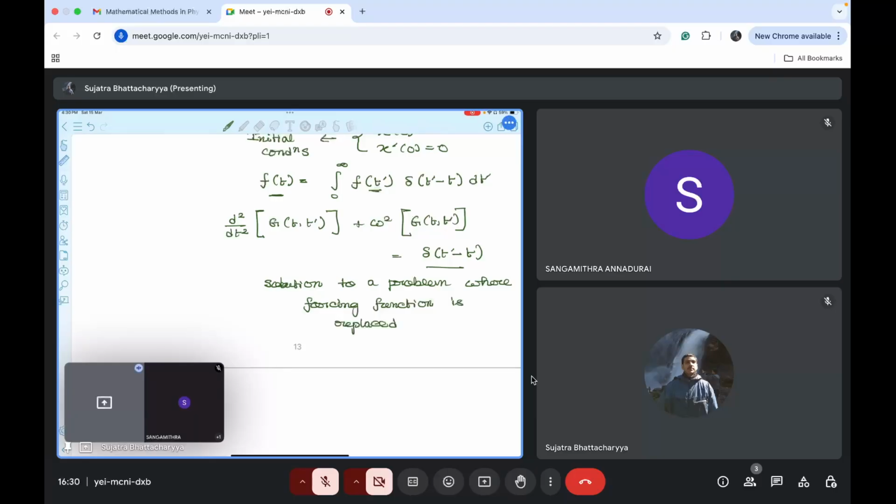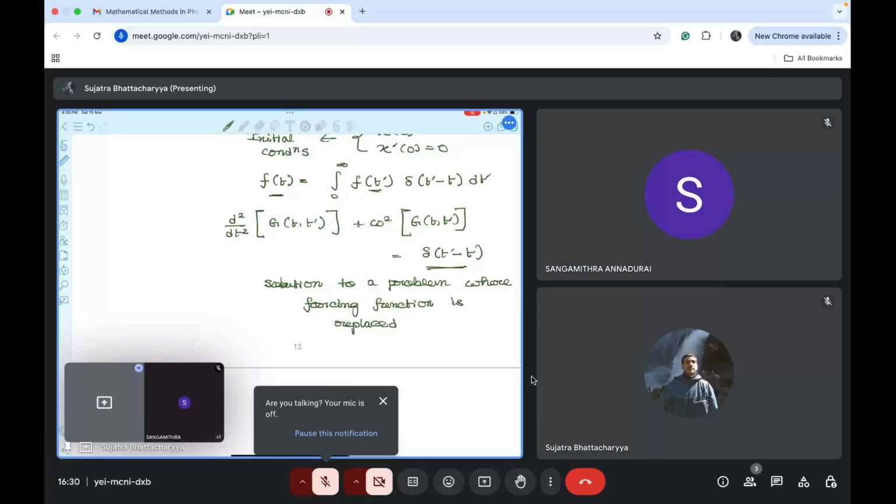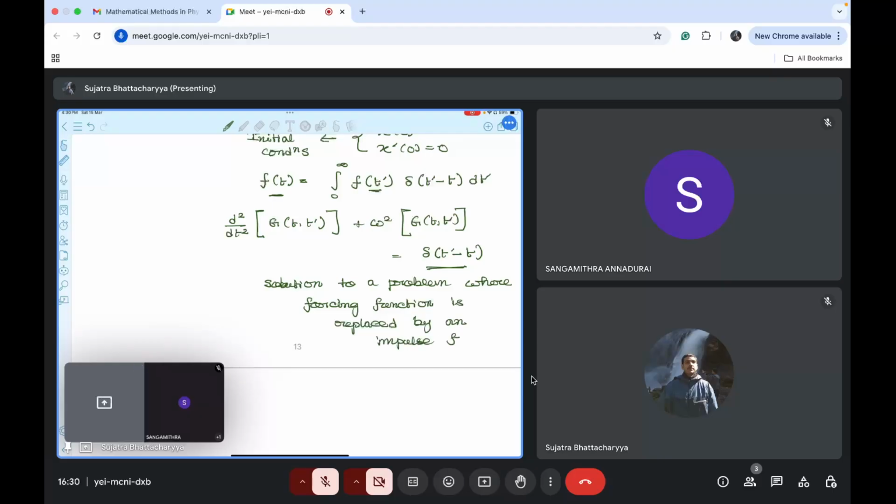Because that is what we have done. f of t is being now replaced with a Dirac delta, and that is what we are calling your impulse function. Replaced by an impulse function. The solution to this problem is the Green's function. That's why we have written it as g of t comma t dash, right?